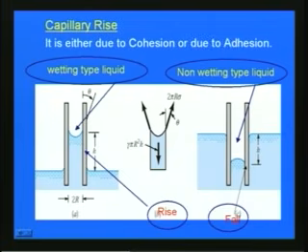This takes place due to adhesion, for the non-wetting type liquid it will be going down. So, that is the capillary fall. So, there can be capillary rise or capillary fall depending upon the type of liquid, due to cohesion or due to adhesion.